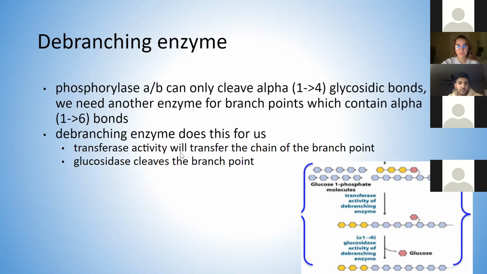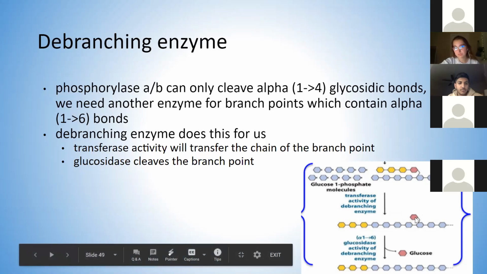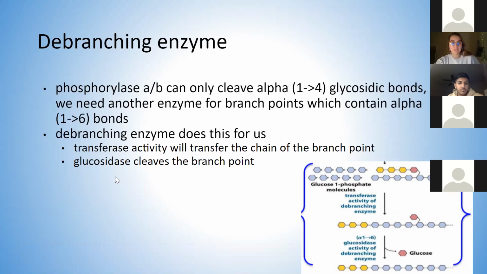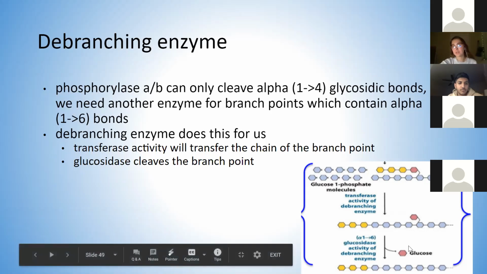We have the transferase activity, which is going to transfer the glycogen chain ahead of the branch point to another location on the unbranched part of the chain. And then once we are down to one glucose attached at the branch point, we are going to use the glucosidase activity to cleave the alpha-1,6 branch point bond there, liberating glucose at that point.